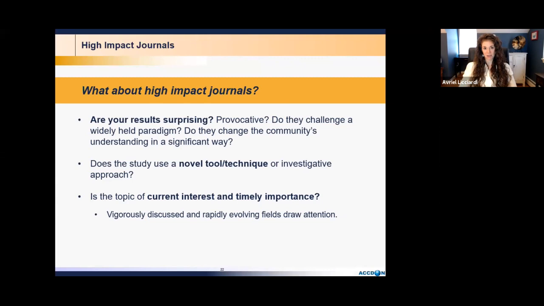If you're working on a topic that is very controversial, something that is vigorously discussed or rapidly evolving, a field that draws a lot of attention, not just within your niche community, but across a variety of different academic spheres, then again, that is something that a journal editor of a high impact publication may be interested in.